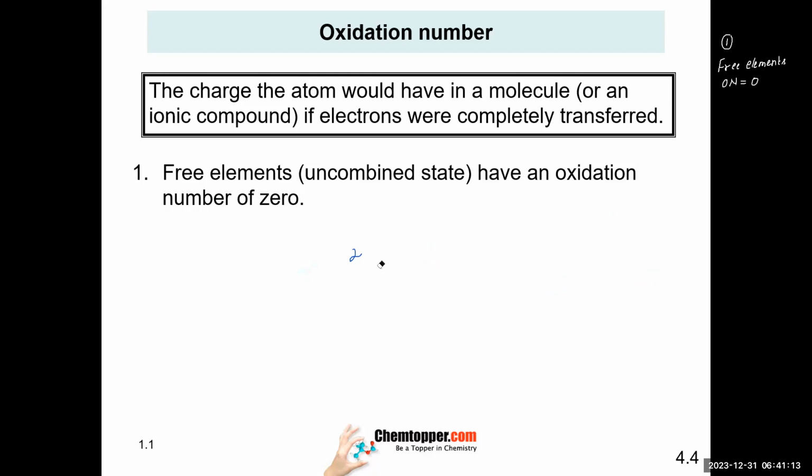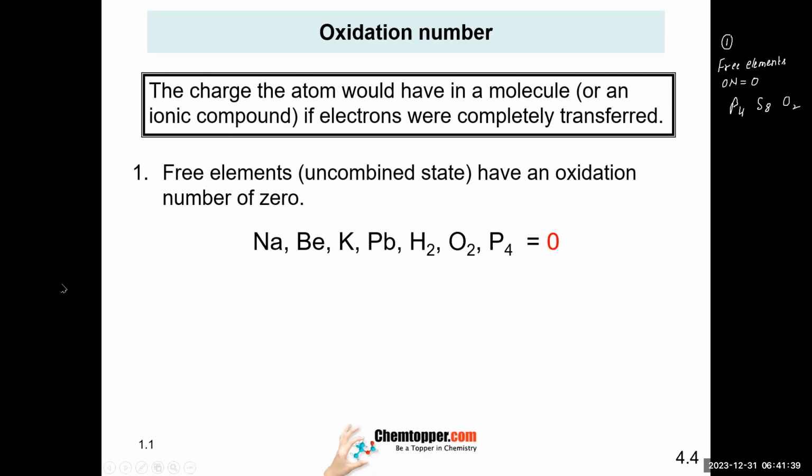It's very short, and written after understanding. And write the examples: N2, O2, O3, ozone gas. P4 is also a pure elemental form. P4, S8, O2. Write down these examples. They have 0 oxidation numbers, right?